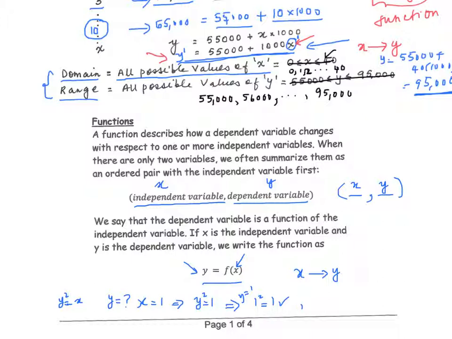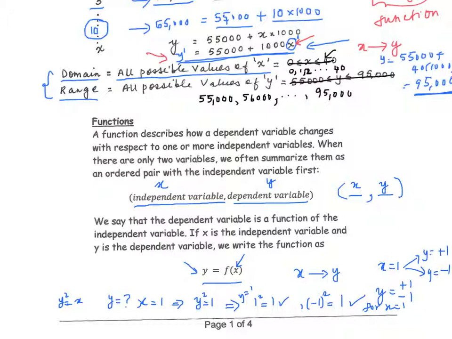Now, what about negative 1? What if y is negative 1 and I square it? I still get 1. The equation still works. So what are the values of y? It is equal to plus 1 or minus 1. So there are two different values of y for x equals 1. So for x equals 1, the y's that it is related to are positive 1 and negative 1.